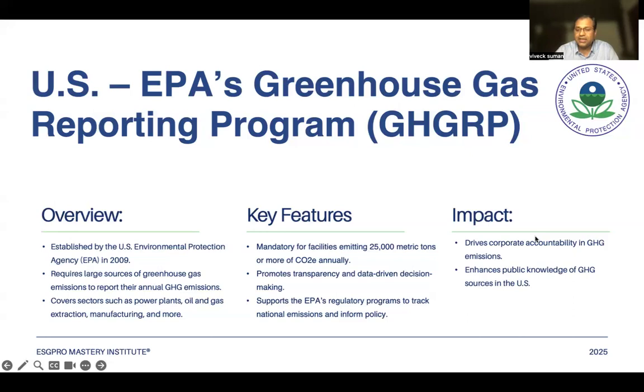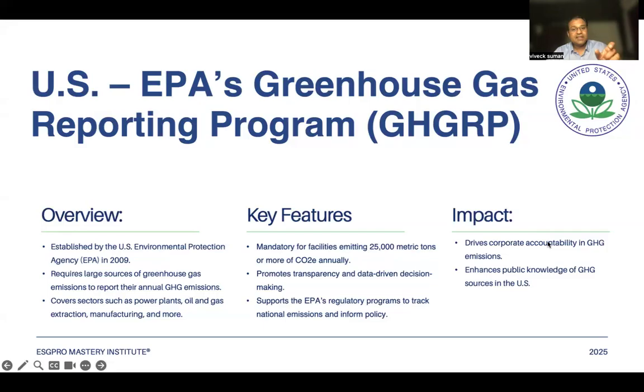So any company which is emitting beyond this threshold has to report and tell people what exactly they are doing. Now, what makes this program powerful is clarity and rigor. Why did this program become successful? Because it follows quality and rigor.